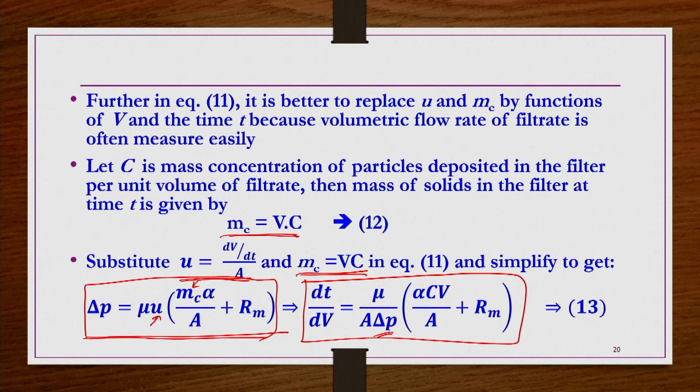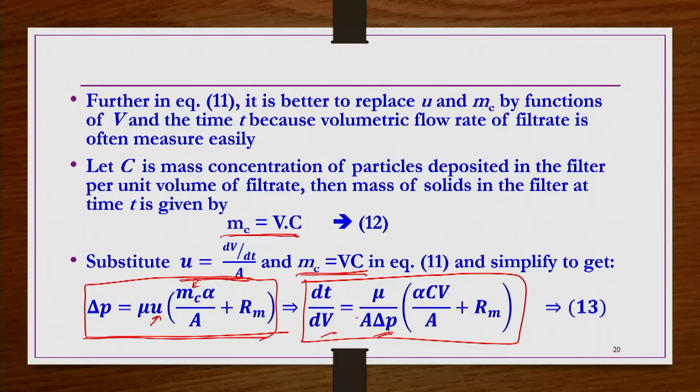Let us say you take a filter medium and a slurry, and you allow this slurry to pass through the filter medium at a certain pressure. With respect to time you can collect the volume of filtrate and tabulate it. The viscosity of the filtrate is in general known, or you can calculate it. The area of the filter medium is also known.